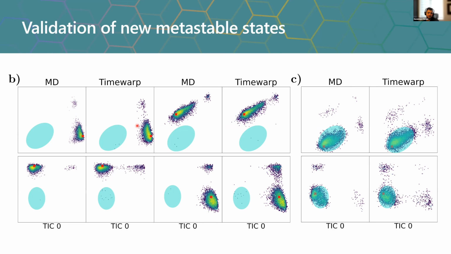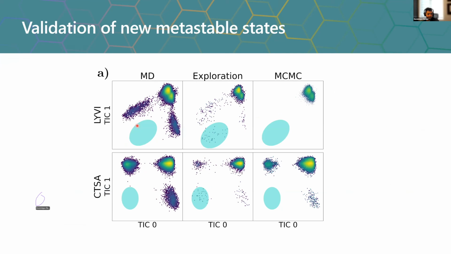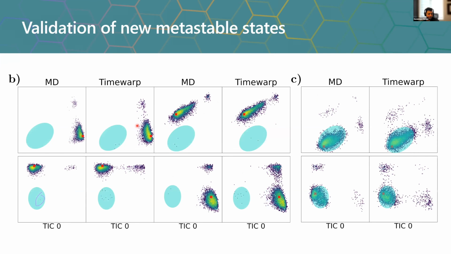Sometimes in the MD simulations, for example here, you see one point that's there, or here you see two points, but it seems that it went back to the original distribution, perhaps because when it visited these points, the velocity was too high.